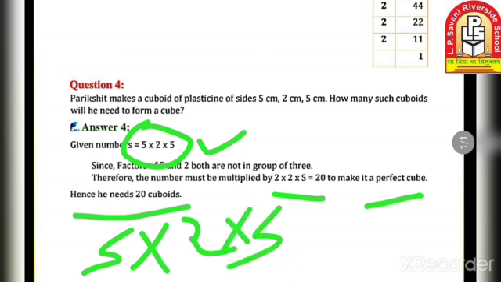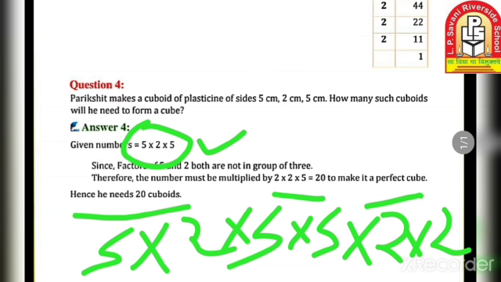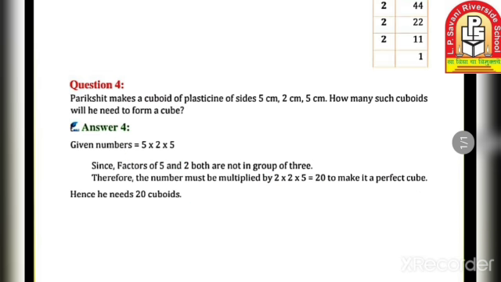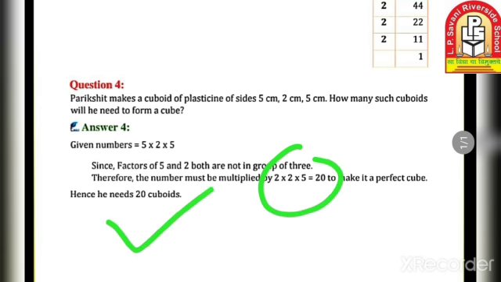Here you can see that 5 is 2 times, so we have to multiply by an extra 5 to make a group of 3, and an extra pair of 2 multiplied by 2. Okay, so here we get three 5s and three 2s. So we have to multiply by an extra 20 to make this a cube. Okay, so 20 is required to make a perfect cube.